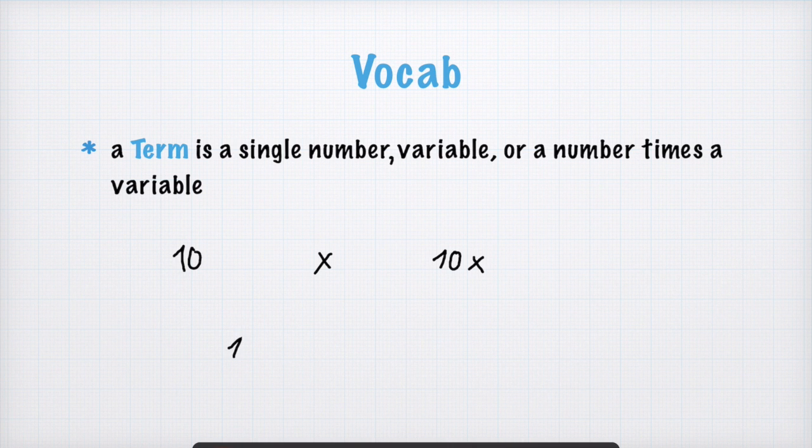Now, if we have 10x plus 7, this entire thing is not a term, but 10x is a term, and 10 is a term, and 7 is a term. So you can make things out of terms, and just know that the term is just that one chunk of the bigger picture.